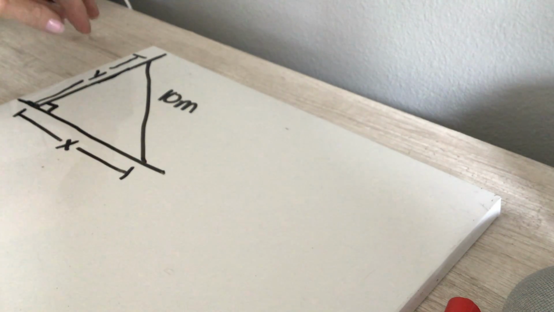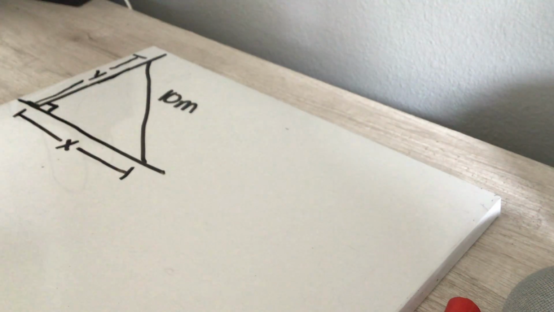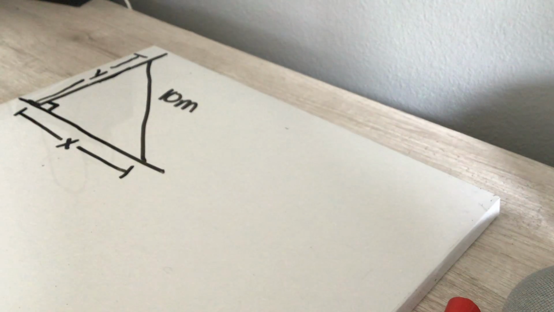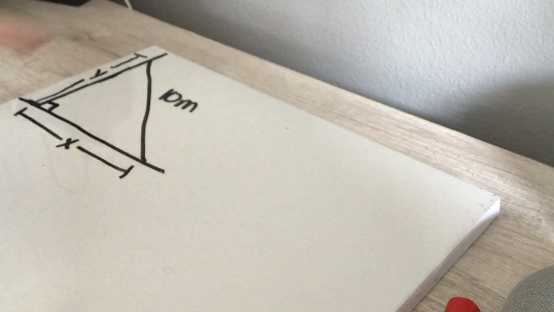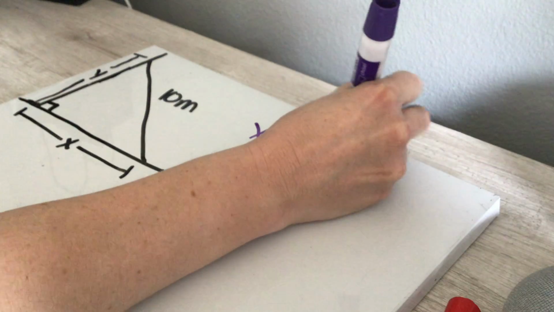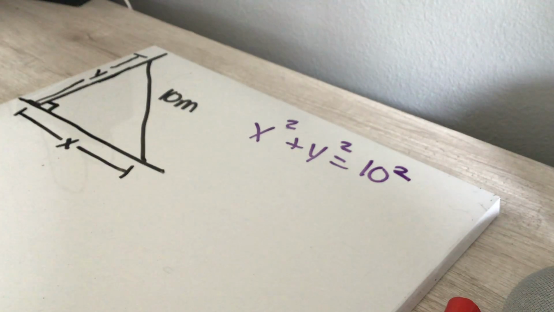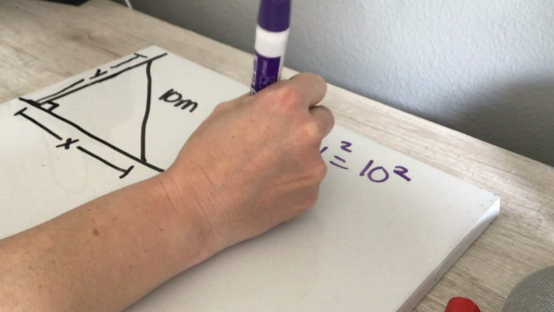Well, the nice thing that we have here is we have a right triangle, right? So to relate these two variables that are changing, we can use the Pythagorean theorem. It tells us that leg squared plus leg squared equals hypotenuse squared. So x squared plus y squared equals 10 squared. We have related x and y to each other. We can simplify this because we know what 10 squared is.